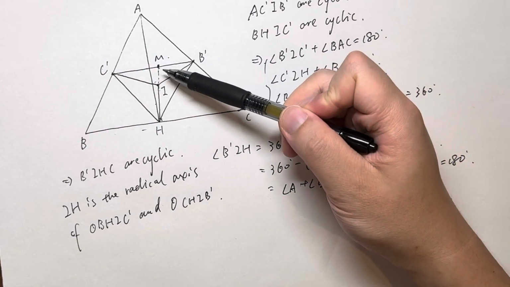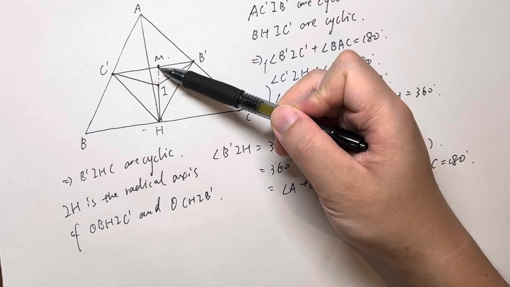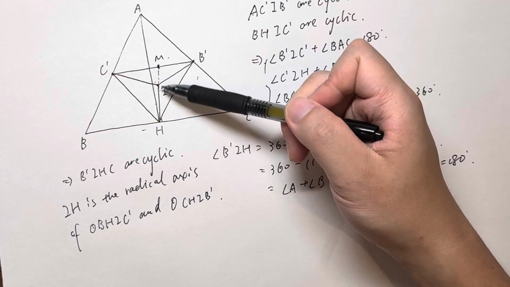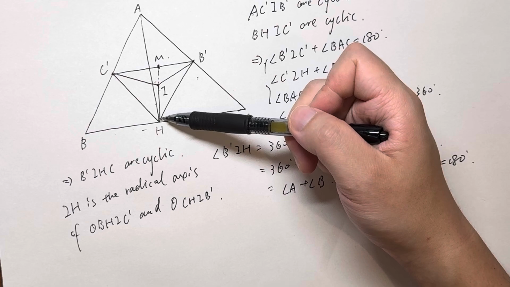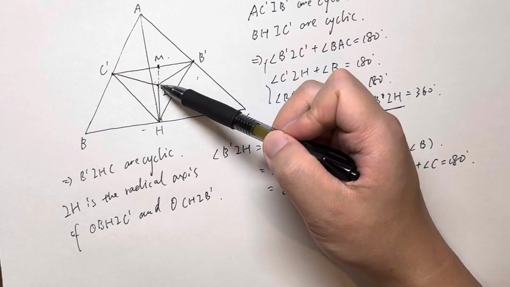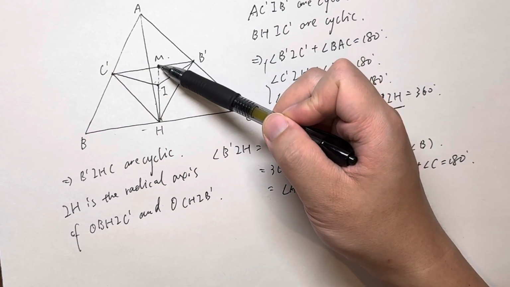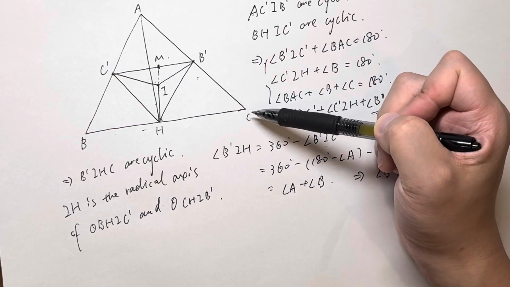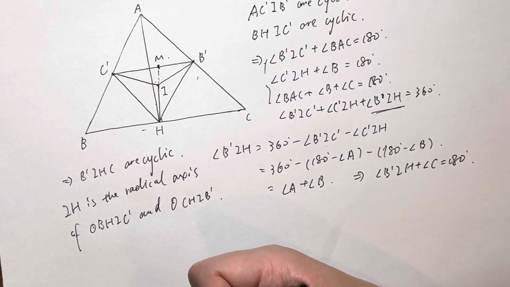That means because M is on IH, on the radical axis, the power of M to the circle BHIC' and the power of M to the circle CHIB' are the same.